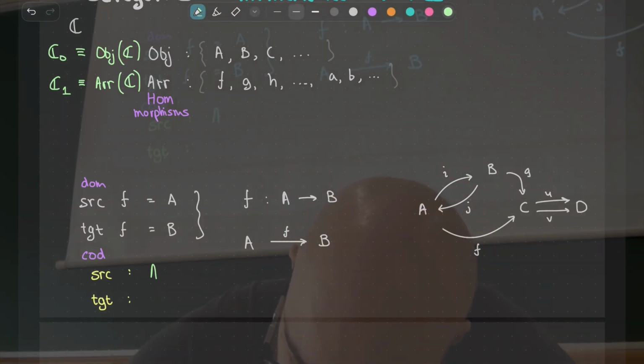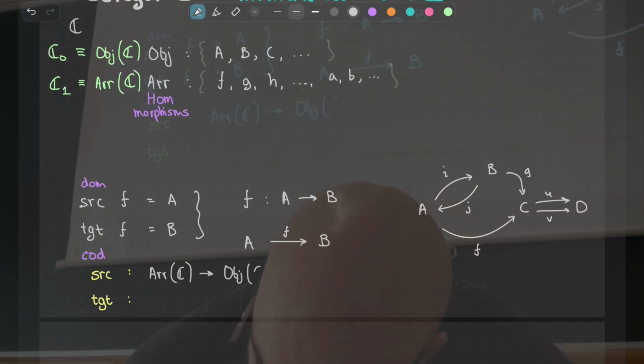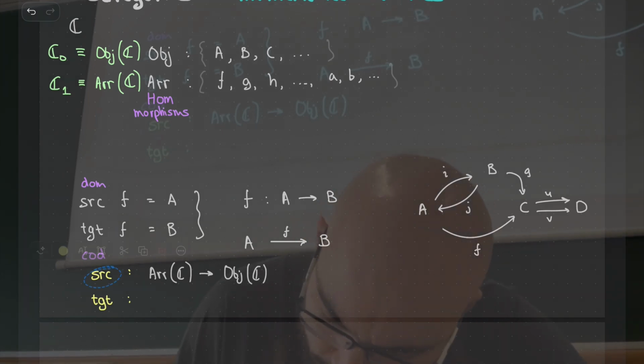So with this new notation that I introduced here, I can say that the source goes from the arrows of a category to the objects of the category, and the target has this exact same type.